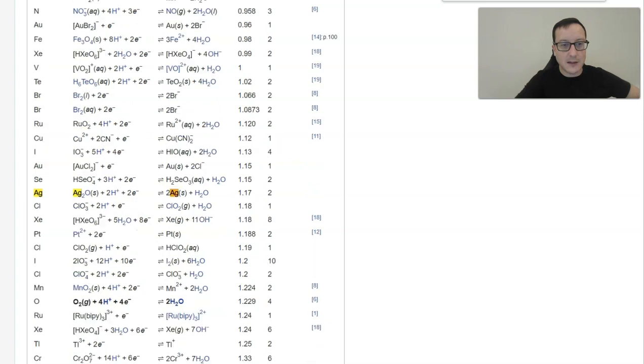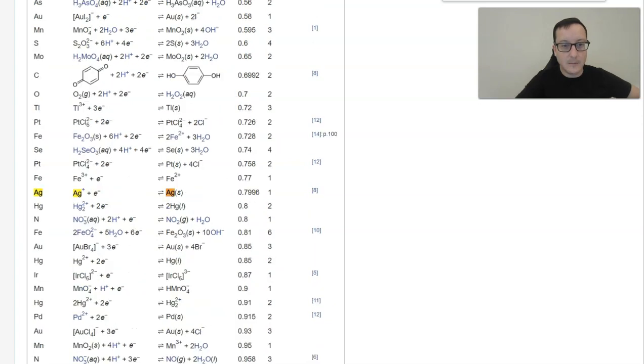Here it is right here: silver ion plus electron turning into silver metal. We have our cell potential is, I'm going to write this down, 0.7996.